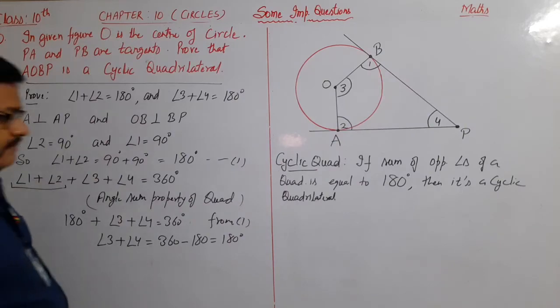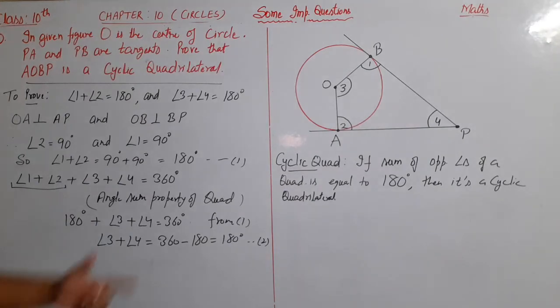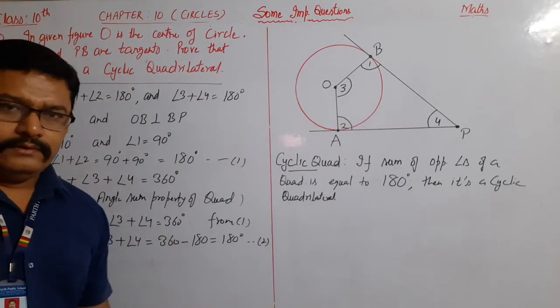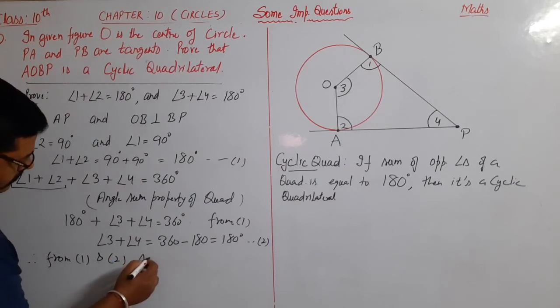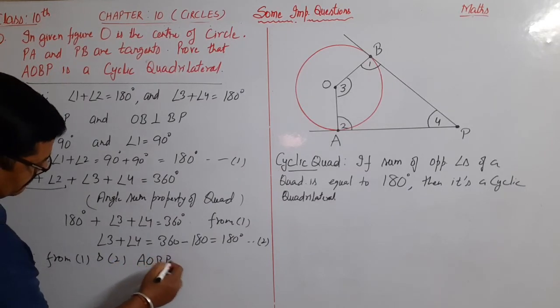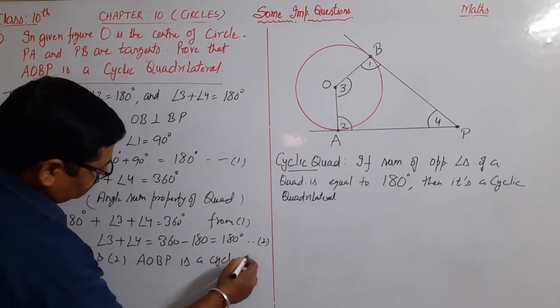So in this way we have proved that the sum of opposite angles of this quadrilateral is 180 degree. Therefore from 1 and 2, AOBP is a cyclic quadrilateral.